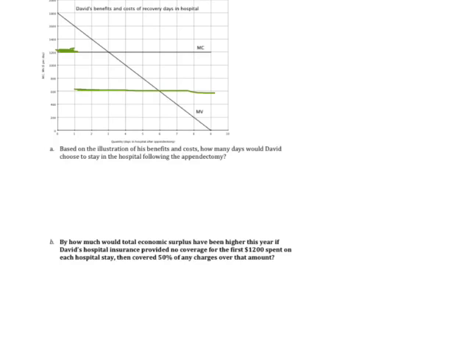So now the price David sees, we'll just call it P sub David, is the price of the procedure less what his insurance covers. That's what he's going to have to pay out of pocket. Well, now he's going to stay 6 days. So David stays just 6 days.